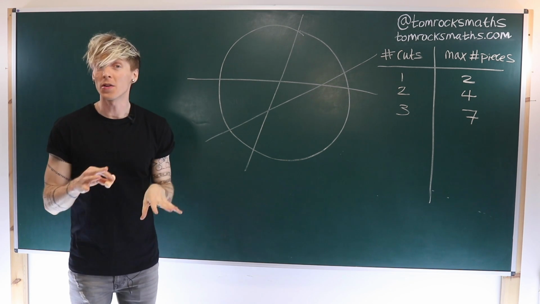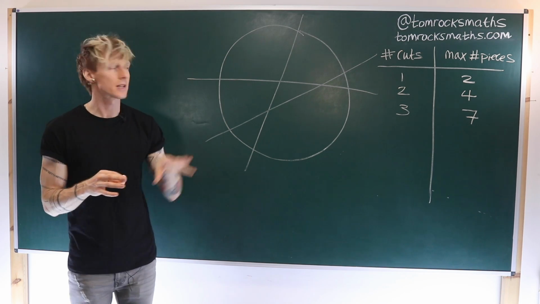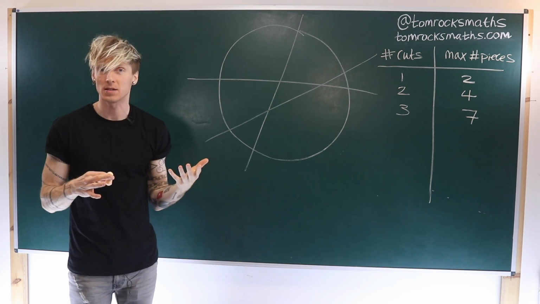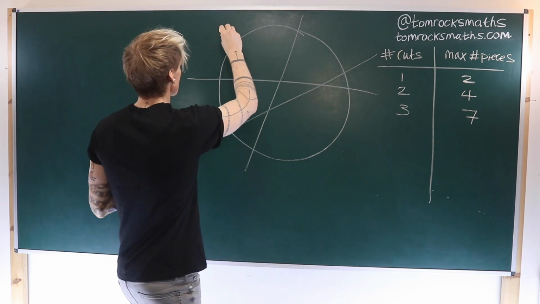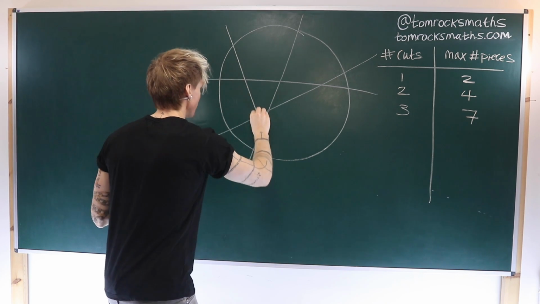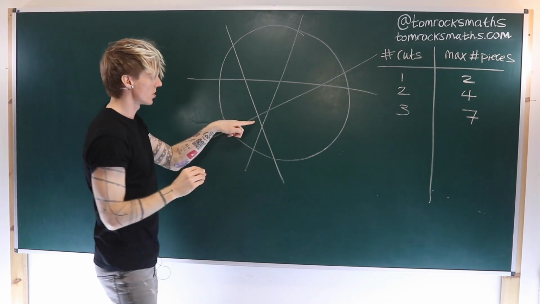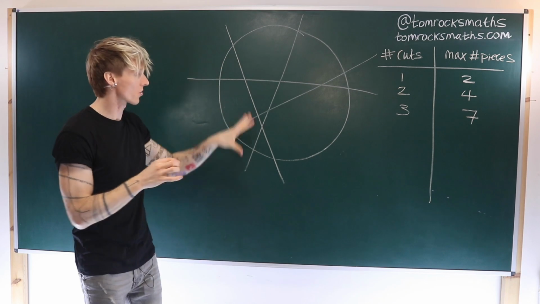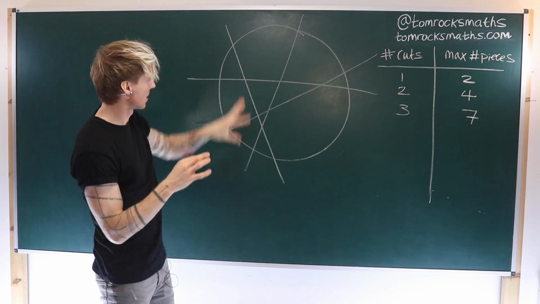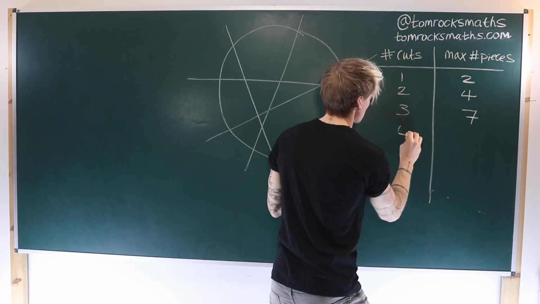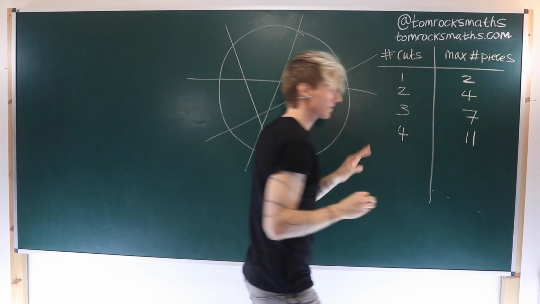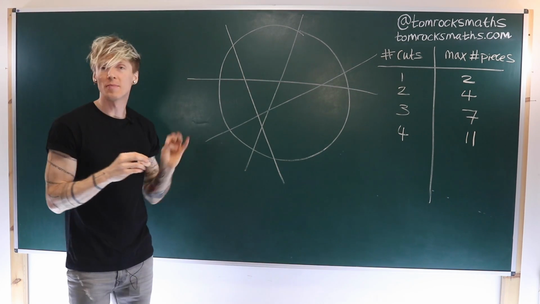I want our 4th line now to intersect the 3 that are already present. So I'm going to add it sort of here. So it intersects 1, 2, and 3. So it intersects the 3 lines that were already present, and counting up these regions, I'm going to get a total now of 11 pieces of my circle.